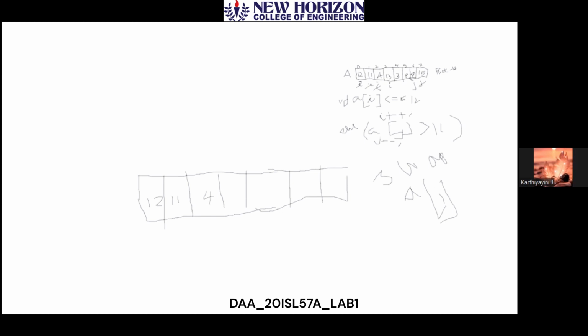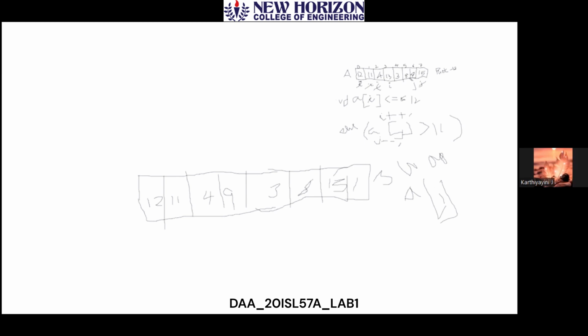Now 13 has to be swapped with 9. So 9 will come to this side, and there is no change for the others. 13 goes here, and the next one is 15.